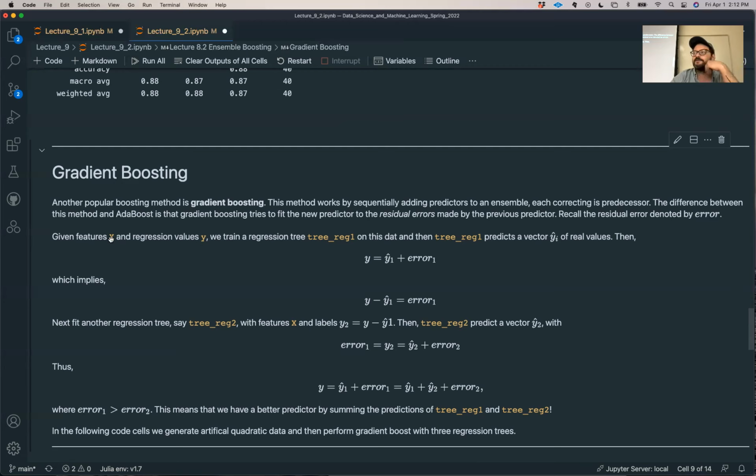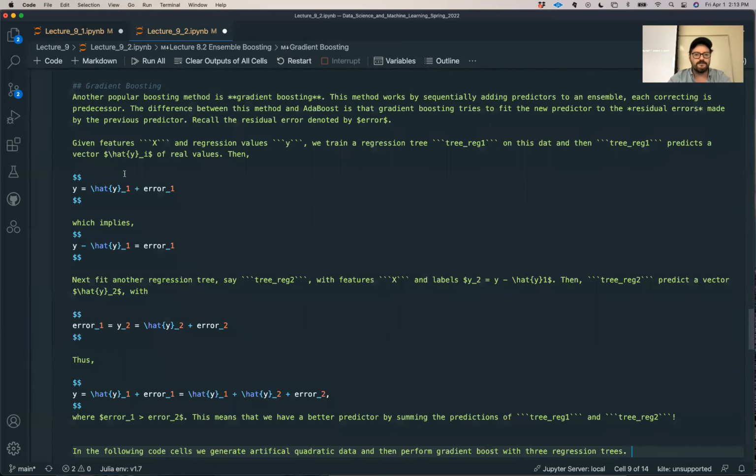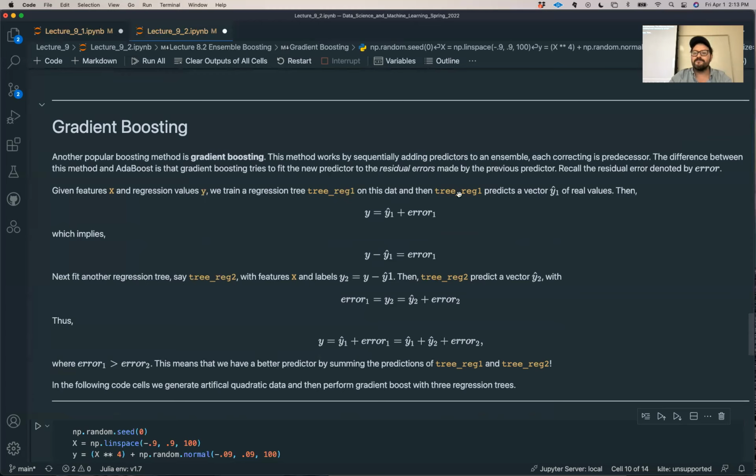So suppose we are given features X and regression values Y. So we're doing regression now, okay? And we train our first regression tree. It'll be a regression stump, basically. And after training, this regression stump predicts Y hat 1 of real values, right?